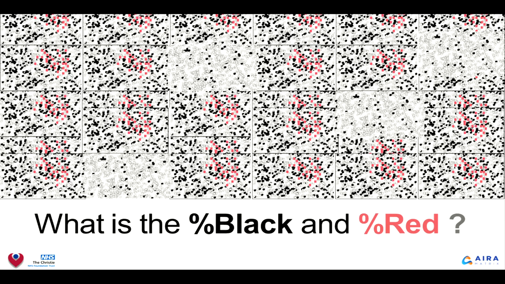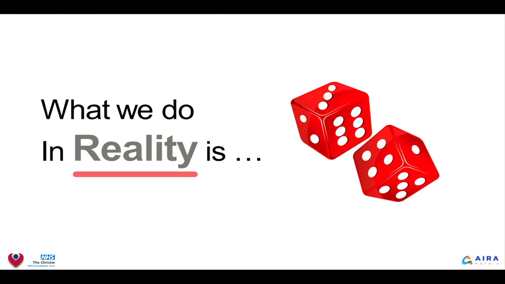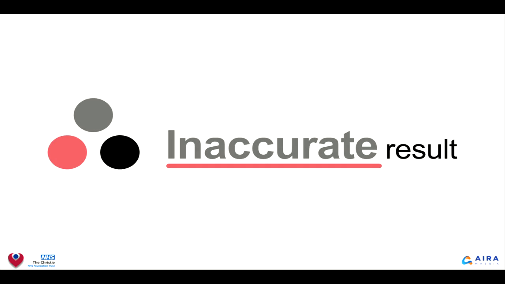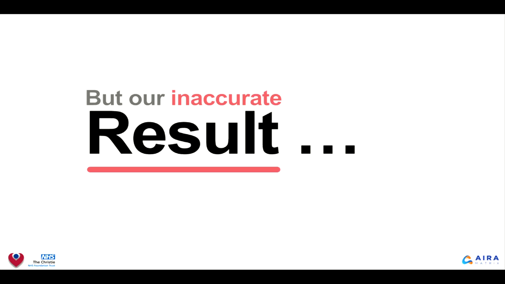But let's be realistic. If we see this slide, who is going to be comfortable in estimating the percentage of black and red dots? At best, we guess, we do our best, and we get a result. But that result is inaccurate.